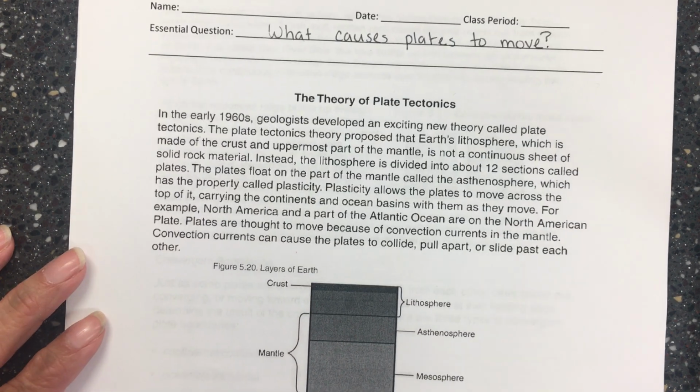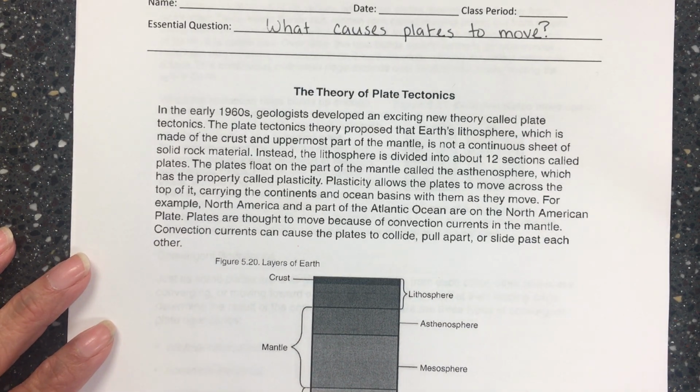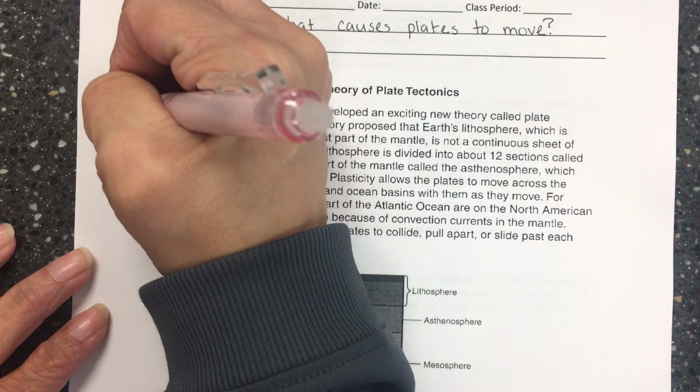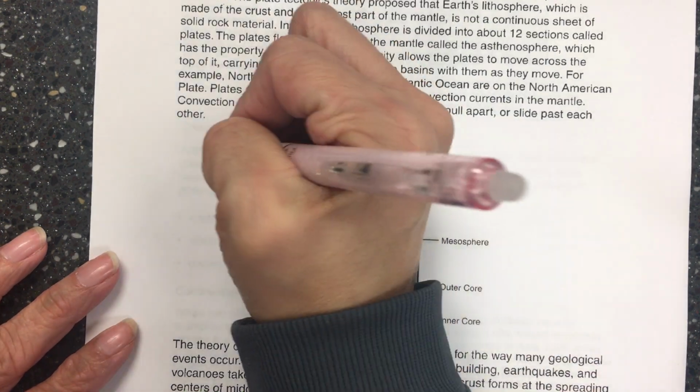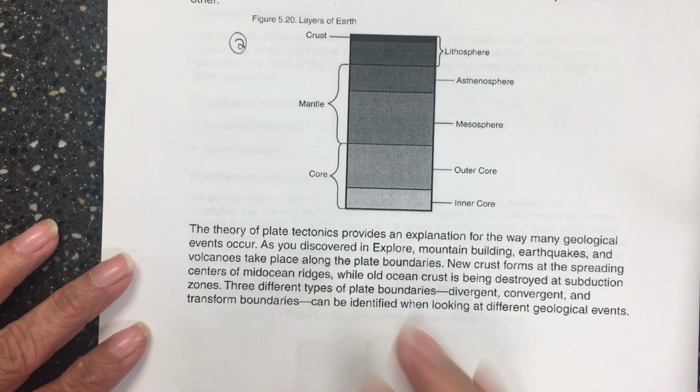As I go, I'm going to first number the paragraphs, and then I'm going to highlight some things that are key terms. And then you can also highlight what you think is important. We'll number the figure as well.